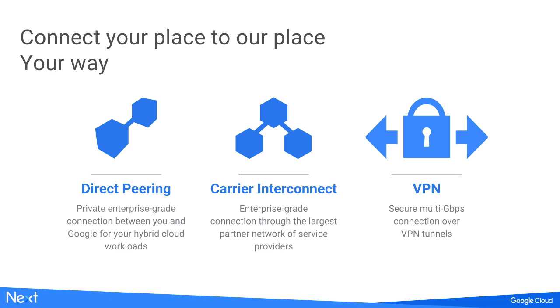Another way to do that is through a carrier interconnect, and that's where you go through carriers that you know and love, and connect to us through their infrastructure. And finally, if you can't do either one of these two, or you have a place where you don't need a lot of capacity, you can connect to us using a VPN tunnel. I'll go into some detail about that as well.